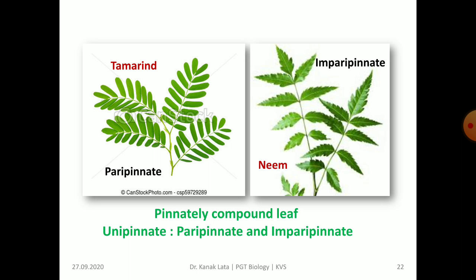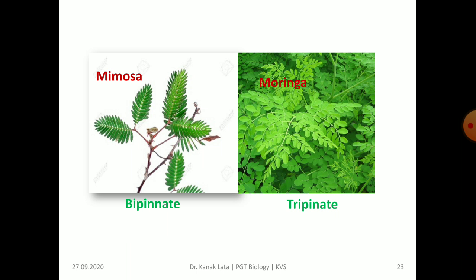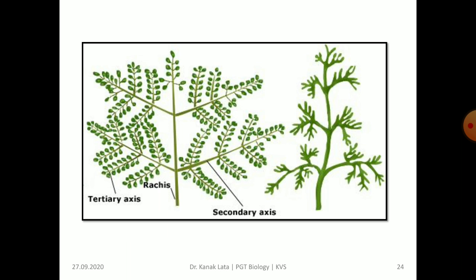In the given figure, you can clearly see the paripinnate and imparipinnate compound leaf. In this figure, you may observe bipinnate and tripinnately compound leaves. In this case, you may observe the secondary axis and tertiary axis.